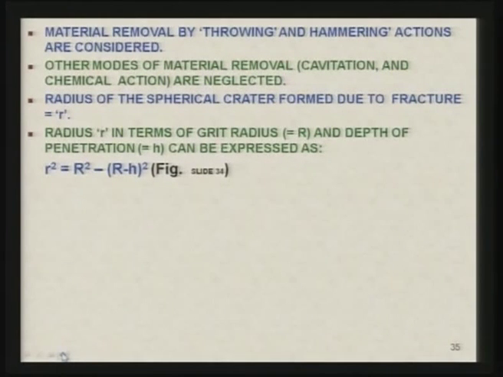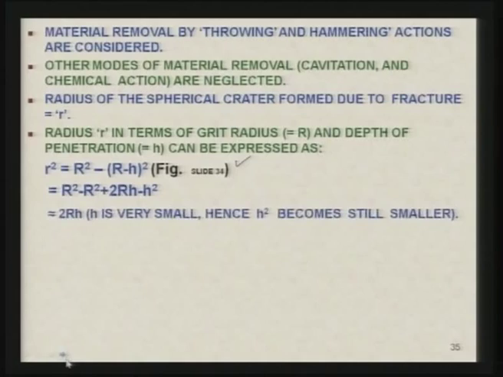So, r square is equal to capital R square minus (R minus h) whole square, as we have seen in the previous slide. If you simplify this equation and open this term, you get r square equals R square minus R square plus 2 R h minus h square.